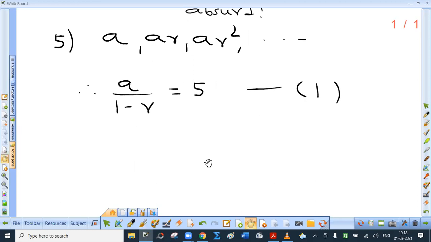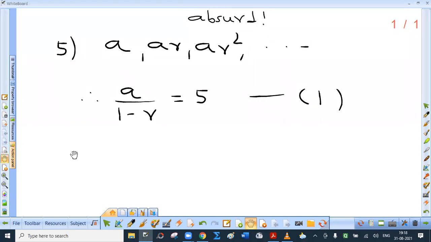Next line. The sum of the squares of the terms of this GP is a square plus a square r square plus a square r raised to 4 and so on.